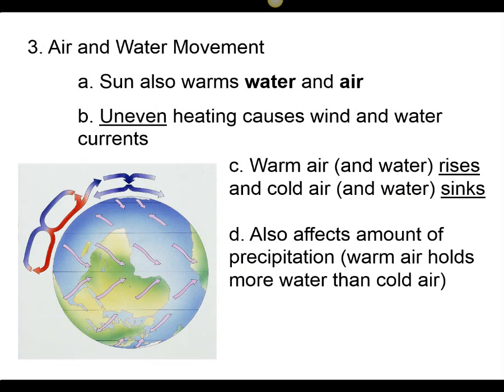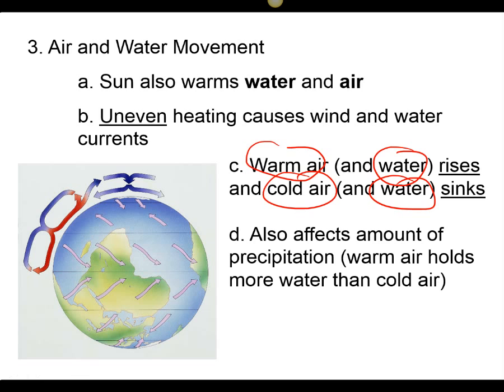What we need to understand about wind is where hot meets cold. Same thing with water. Currents is where hot meets cold. We need to understand that warm air rises, warm water rises, and cold air sinks, cold water sinks. And so that is due to the density.